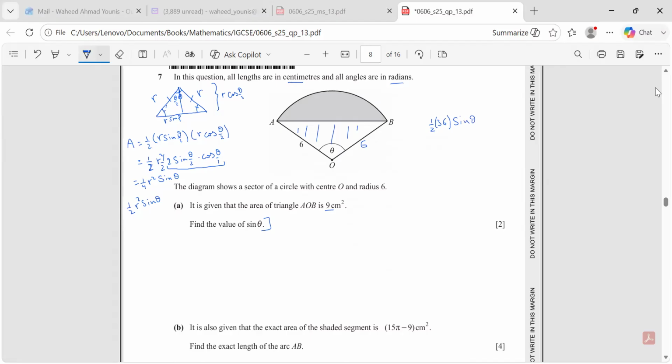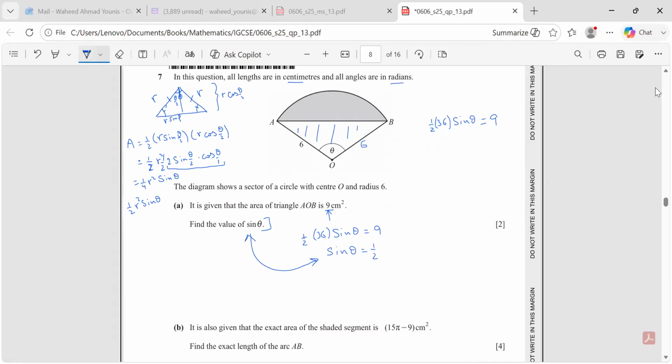This whole thing is equal to 9, as given. So half into 36 into sine theta is equal to 9. It is 18, so if I bring 18 here, sine theta equals 9 by 18, or 1 by 2. So this is the solution of our first problem.